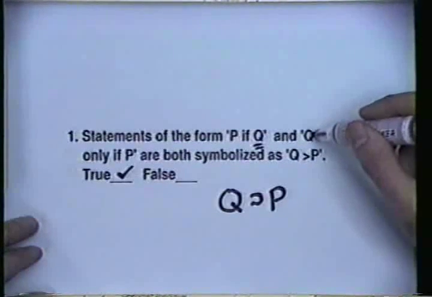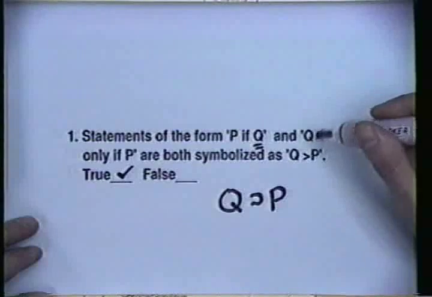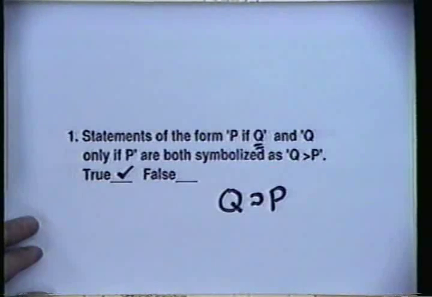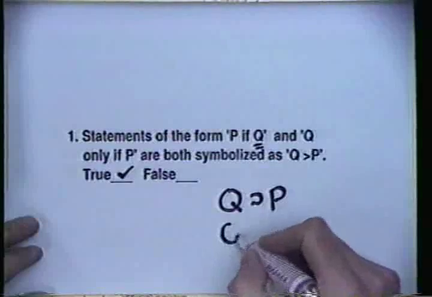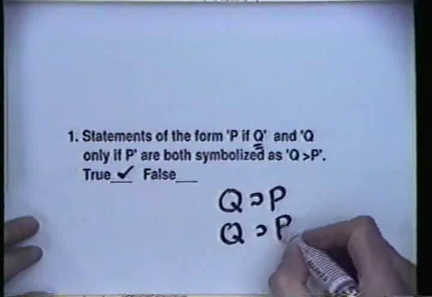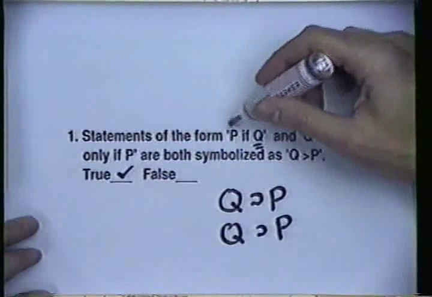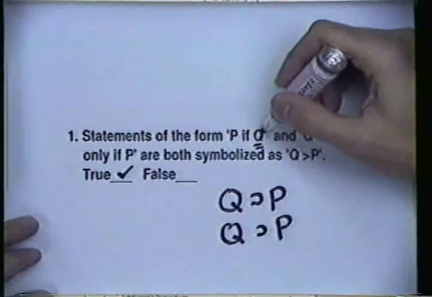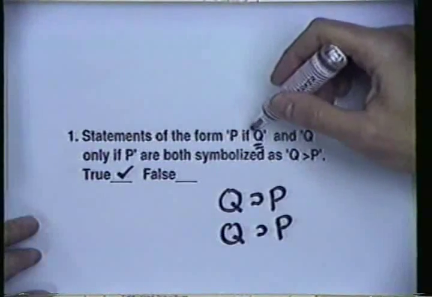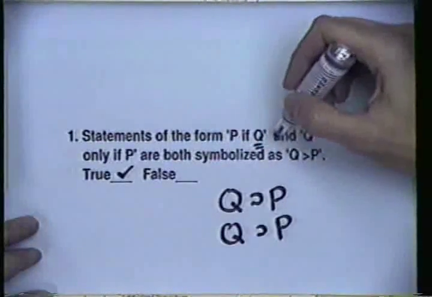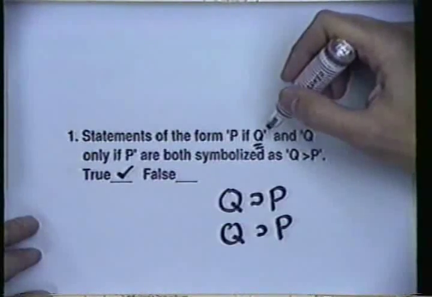Now if we think about Q only if P, you remember that only if is the English translation for the horseshoe, and therefore the order will be the same in the second sentence as it was for the first. It may be helpful for you to realize that you invert the order of P and Q, as we did here in the first one, only when you have the shortest of the three English expressions.